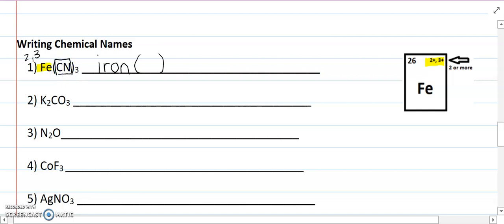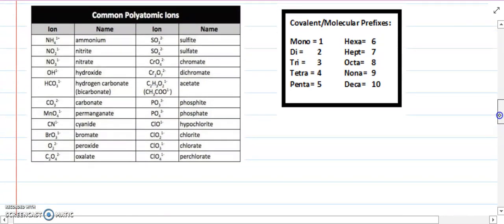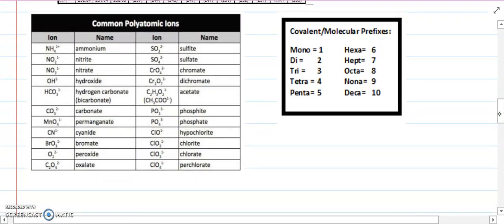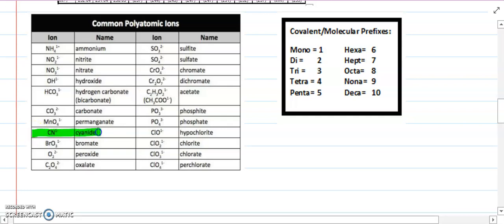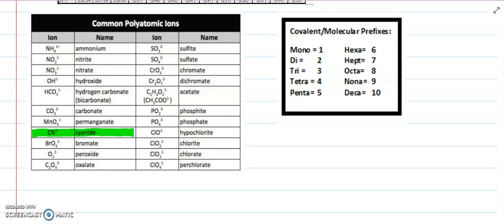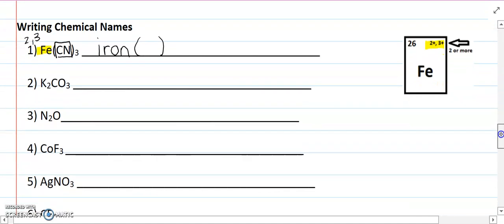If I have two or more nonmetals paired together, it's called a polyatomic, and this is carbon and nitrogen together. And I can go to a list of common polyatomic ions and look up the name on there. So this is going to be CN, and CN here says that it's going to be cyanide. And if it's cyanide, I'm just going to write the name. So this is going to be iron something cyanide.